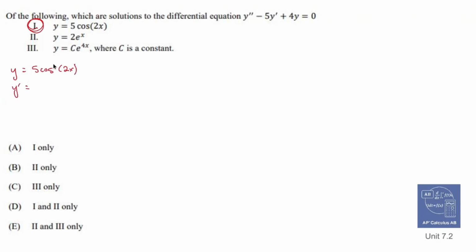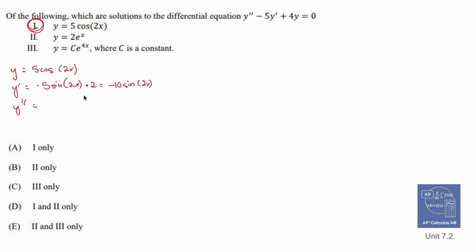The derivative of 5 cos 2x is going to involve chain rule, so 5 is just there. Take the derivative of the outside, which is cosine, so negative sine. Keep the inside, but then multiply everything by the derivative of the inside. So you become negative 10 sine 2x.